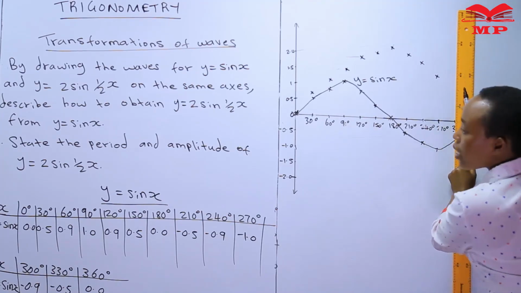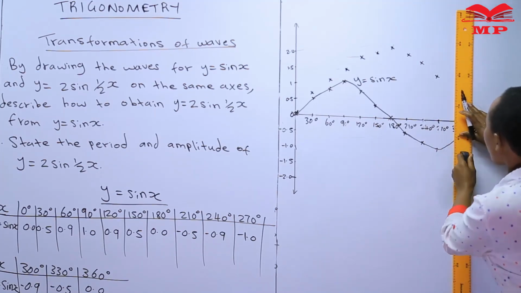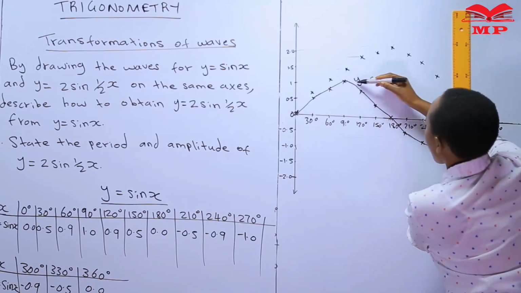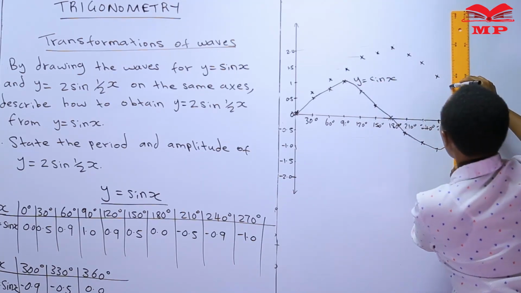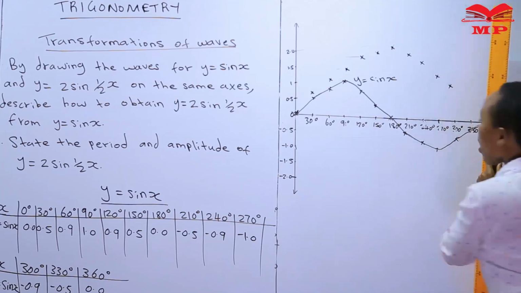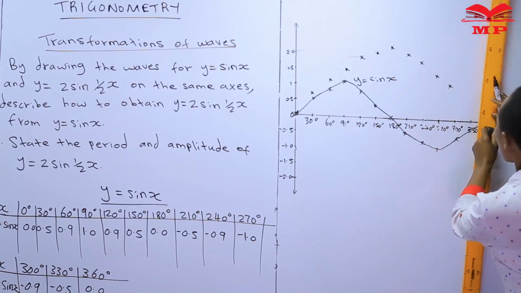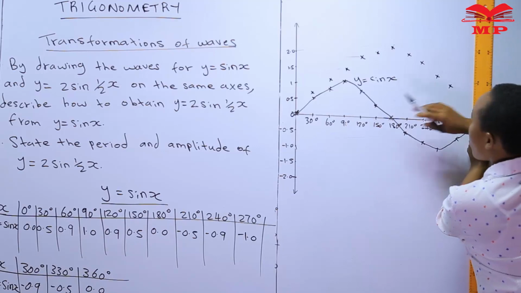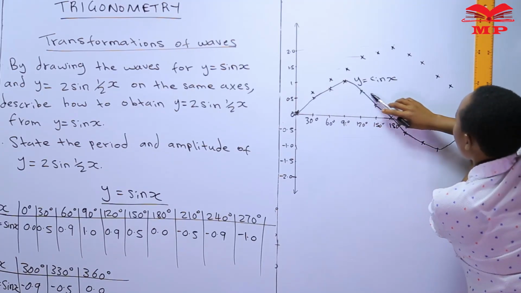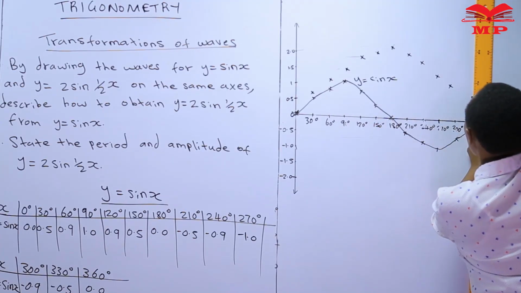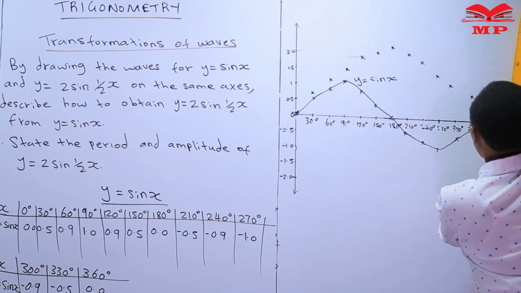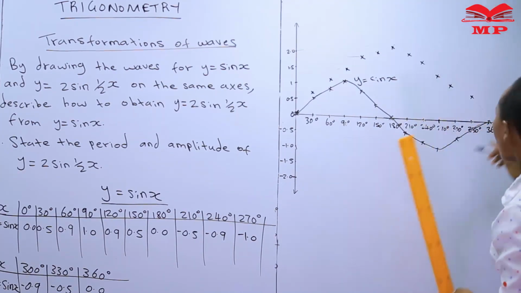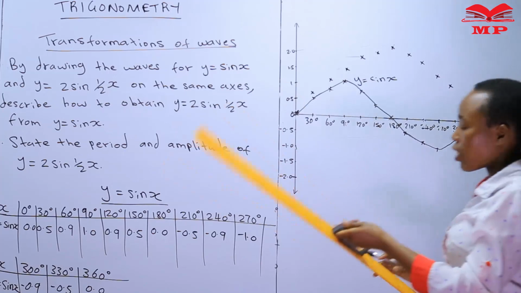Then we have 300, which is 1. Then we have 330, which is 0.52, this point here. And finally, we have 360, which is 0.